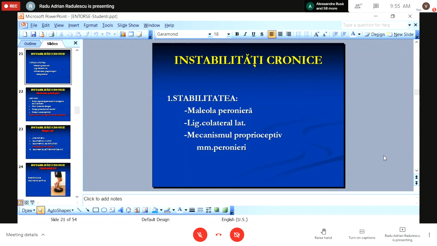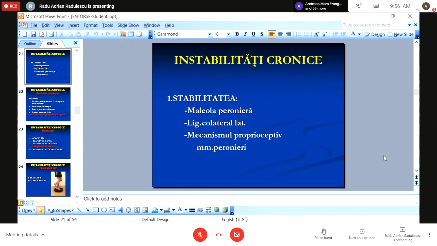But also the helping mechanism will be the contracture of the peroneal muscles, which have a sudden contraction at the moment of the trauma by helping the stability on the lateral aspect. After many sprains, this reflex mechanism is more or less eroded, so it doesn't function properly.